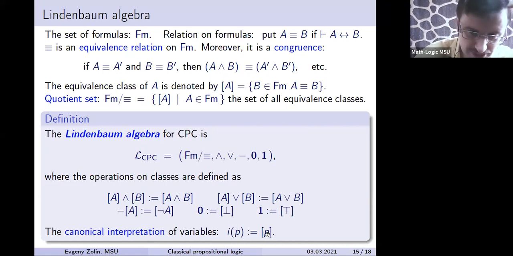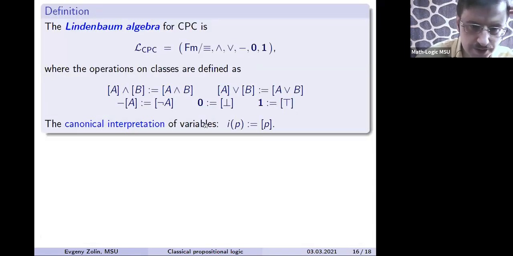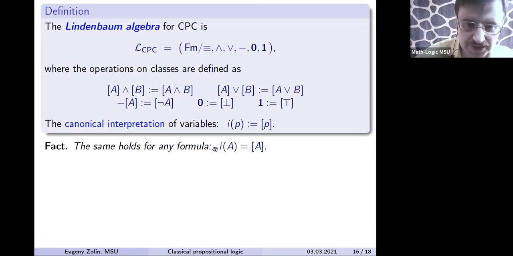Take this variable P. A variable is a formula, so we have its class, and this class will be the value of our variable P. So this class is an element of our quotient set. Okay. I just copied the definition here. And we are almost finished. So here we define the value for every variable, but by an easy induction on the formula A, one can prove that the same holds for all formulas.